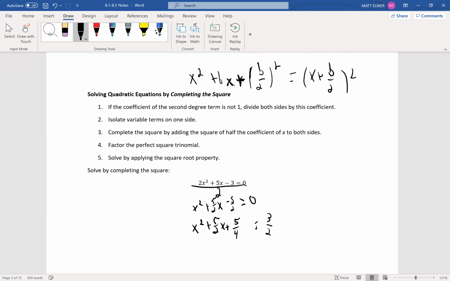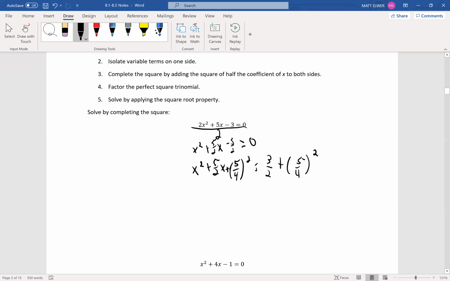So I'm going to add my b over 2 term, squared. And whatever I do to the left side, since I added 5 over 4 squared to the left side, I have to do the exact same thing to the other side, because we have to keep these equations balanced.